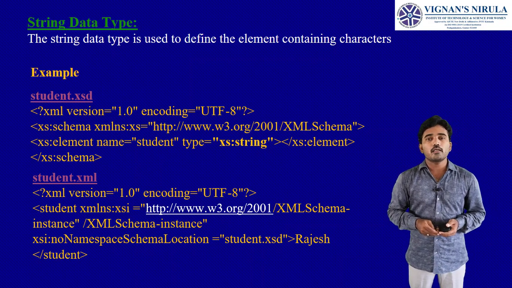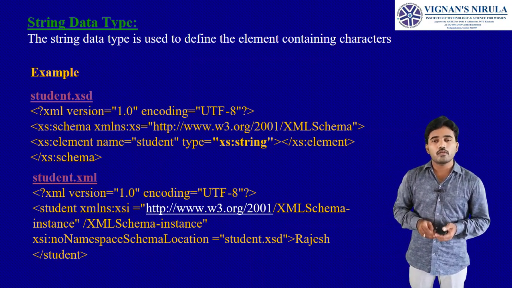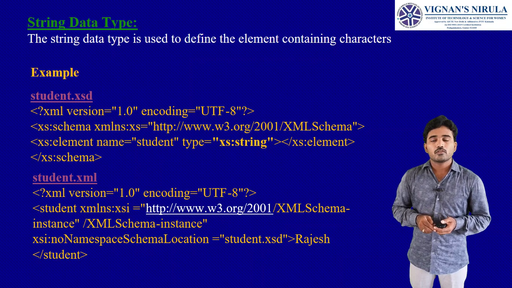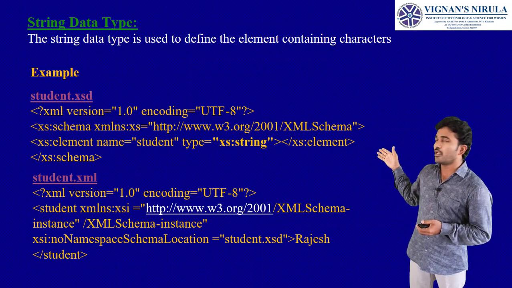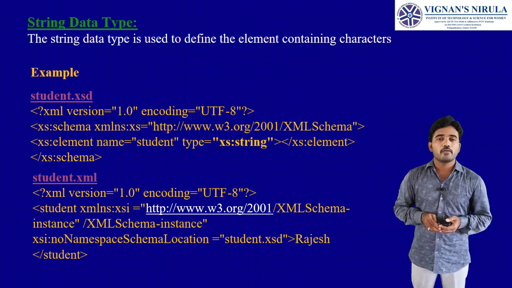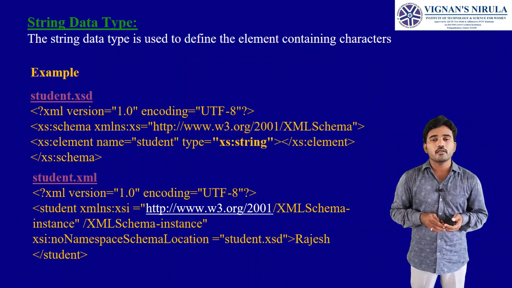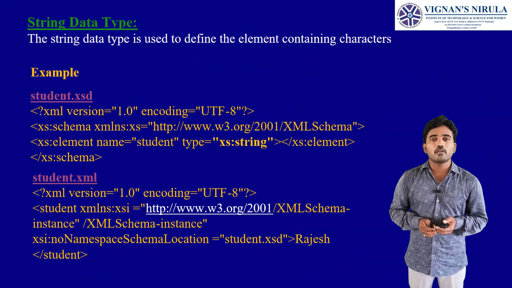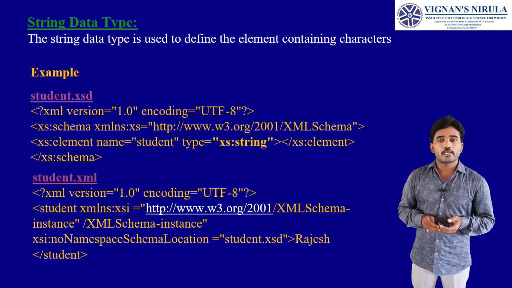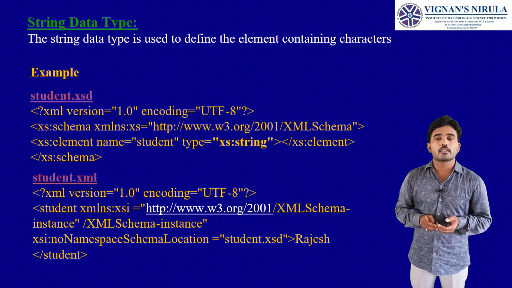And while you are writing the XML schema, you need to write the first two lines as usual, that is xml version equals 1.0, encoding equals UTF-8. Then in that student.xml, we have used student. While you are defining the element, you need to use an attribute like xmlns:xsi, which stands for XML schema instance.